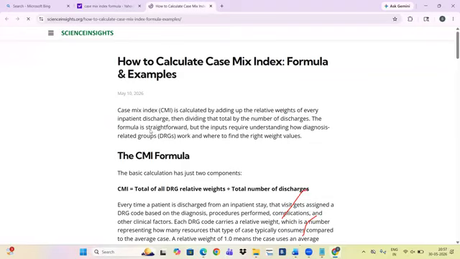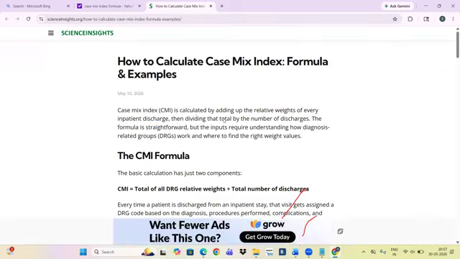Case mix index is calculated by adding up the relative weights for every inpatient discharge, then dividing the total by the number of discharges. The formula is straightforward, but the input requires understanding how diagnosis related groups work. CMS case mix index: total of DRG relative weights divided by total number of discharges. So CMI is related to the DRG group.